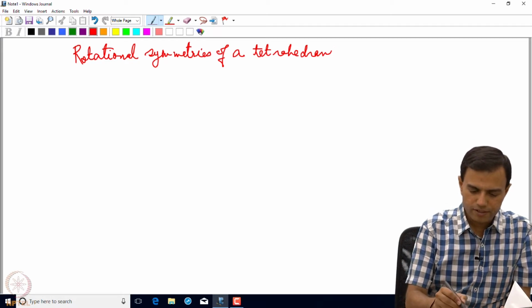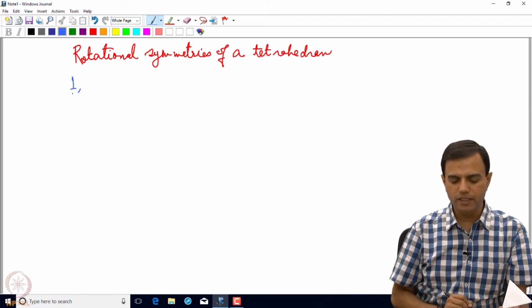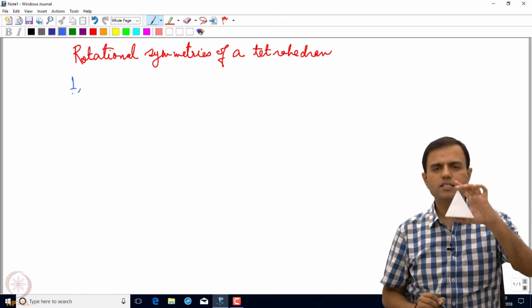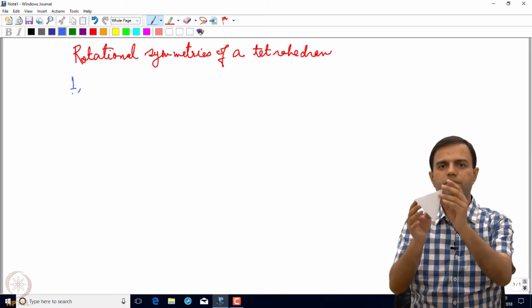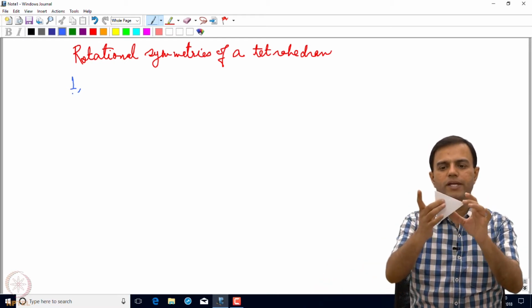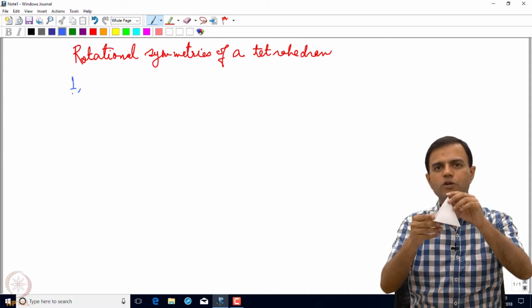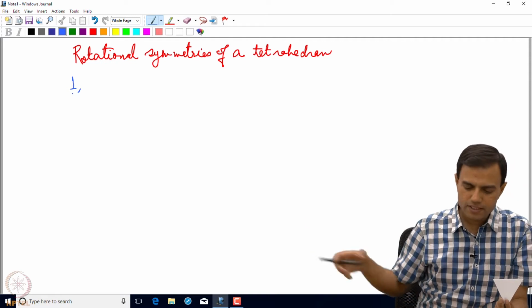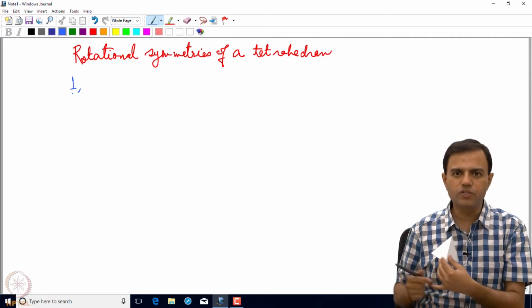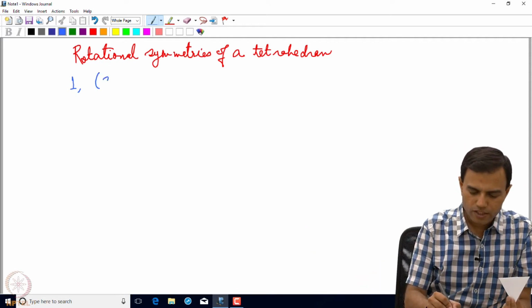I have identity, which is doing nothing, and suppose this top vertex is 1. When I am having this vertex 1 and when I am rotating, this vertex is not moving at all. What is happening is 2 is going to 3, 3 is going to 4.